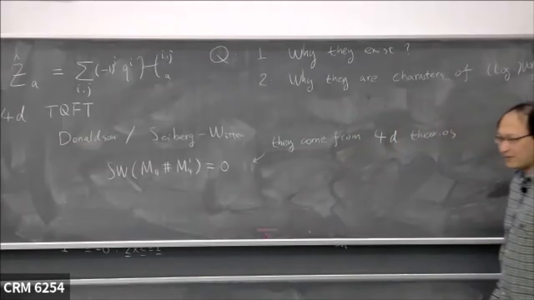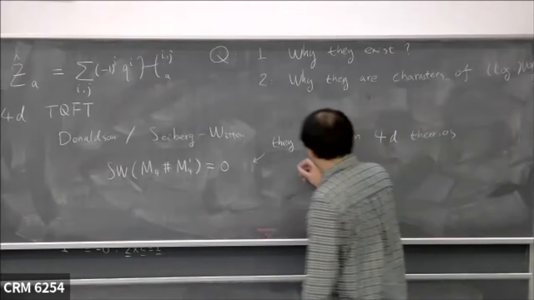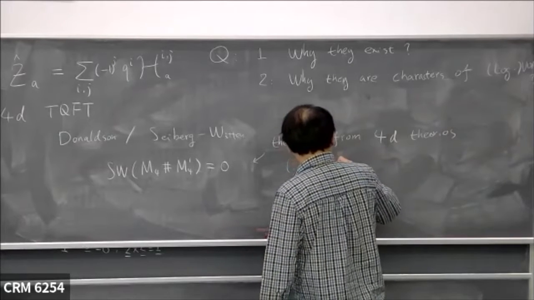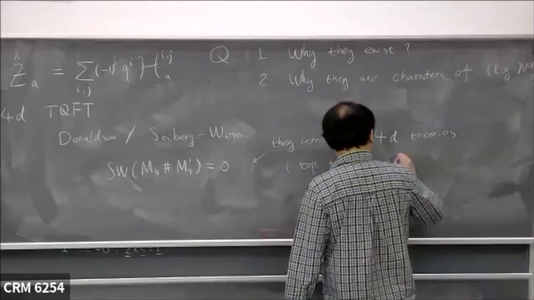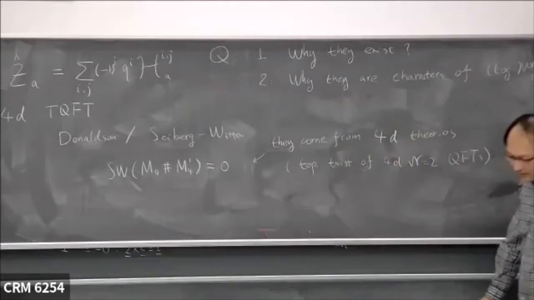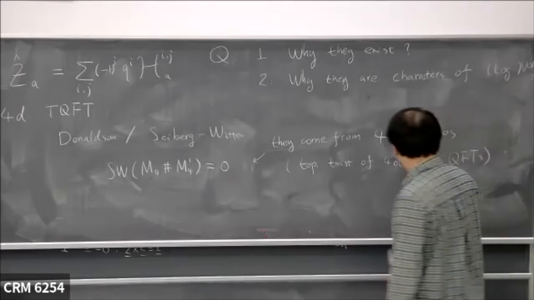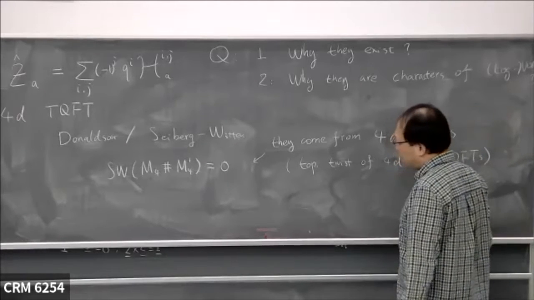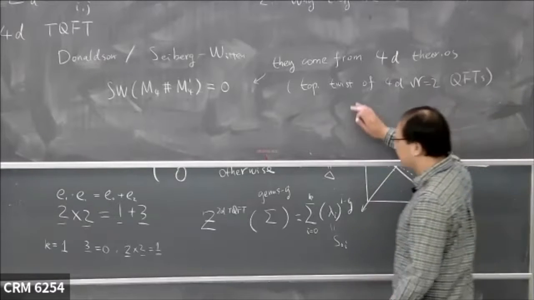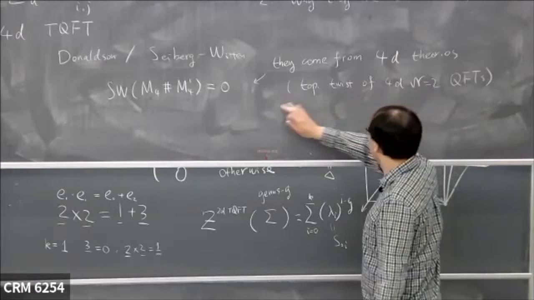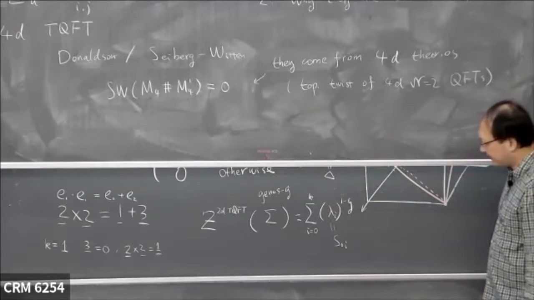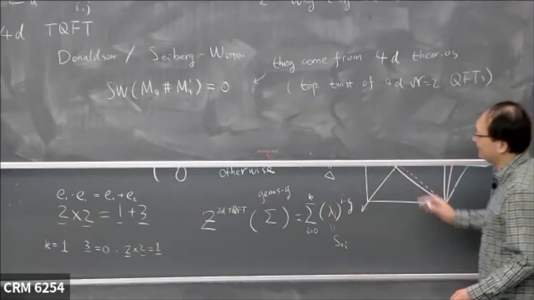What I mean is that they are topological twists of actually 4D N=2 QFTs. We will say more about 4D N=2 QFTs, but here I just want to mention that because of the 4D origin of those invariants, they are very easily zero.